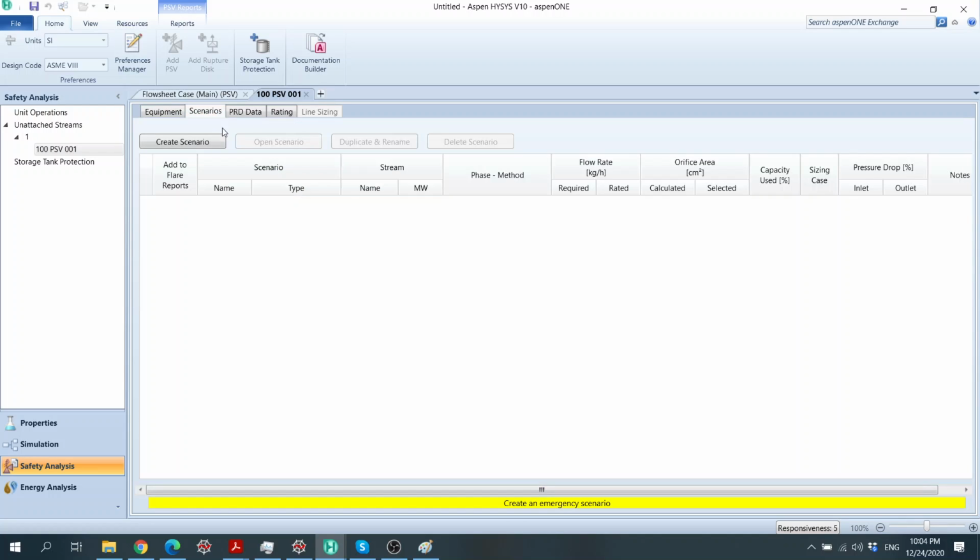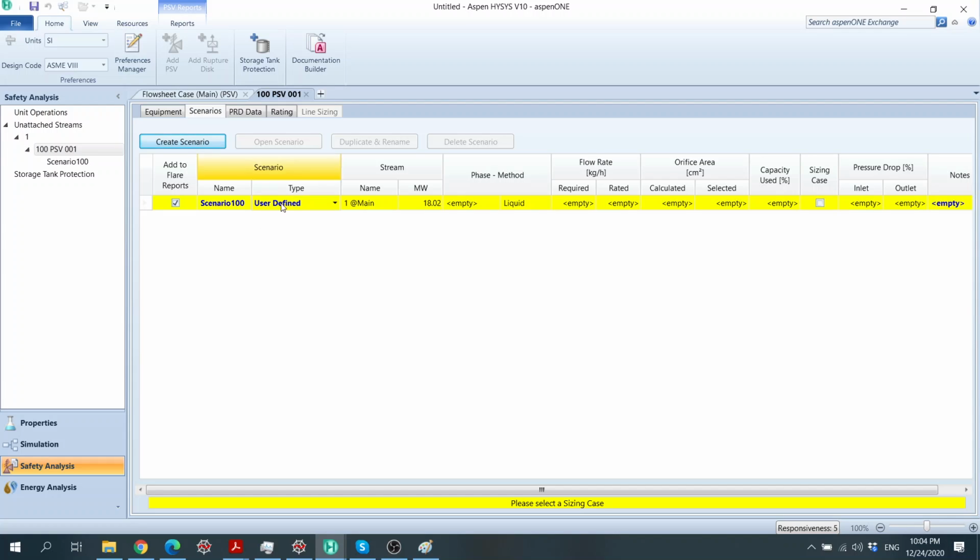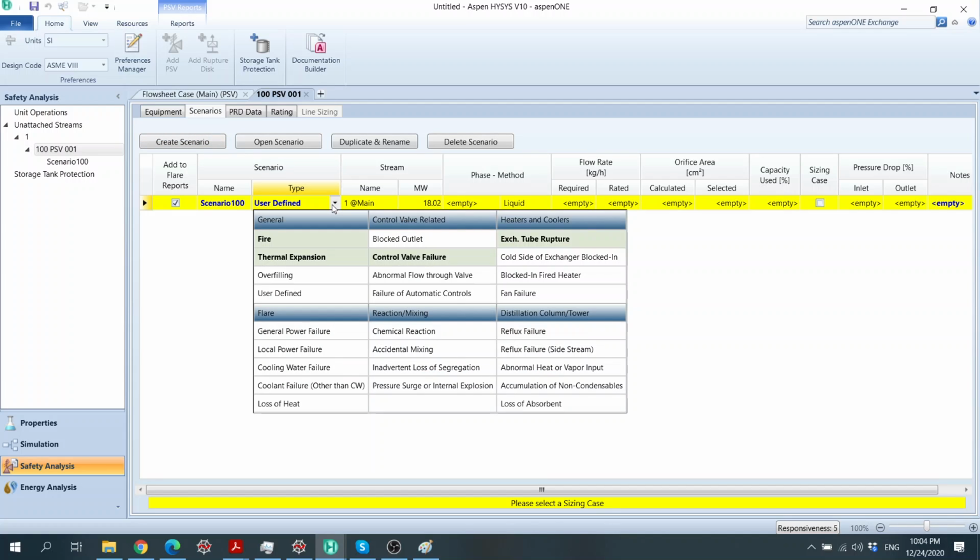Scenario. Yeah, I don't think we need to create the scenario. We can create a scenario, user defined. The scenario is that in the API standard there are several scenarios that we have to consider.